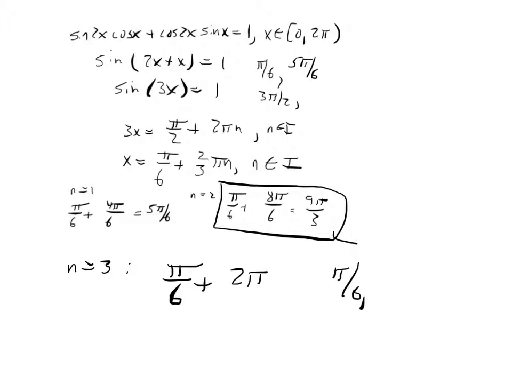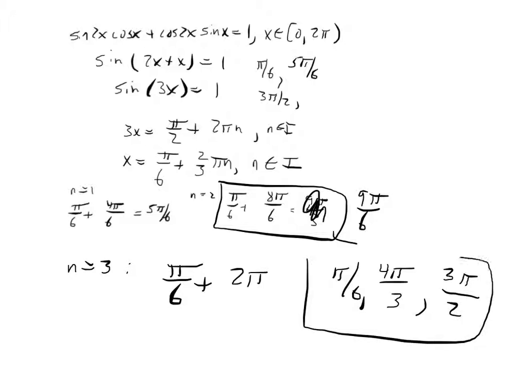I get 8 pi over 6, which is 4 pi over 3, dividing everything by 2. And 9 pi over 6, sorry about that, dividing everything by 3, it's going to be 3 pi over 2. So there are my three solutions between 0 and 2 pi.